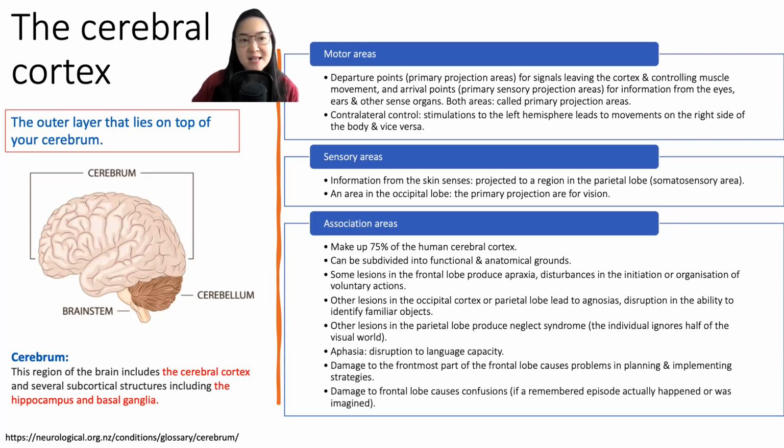The cerebral cortex has three parts: motor areas, sensory areas, and association areas.